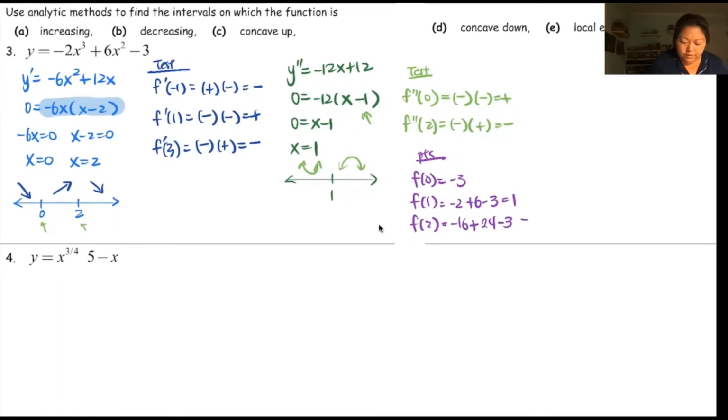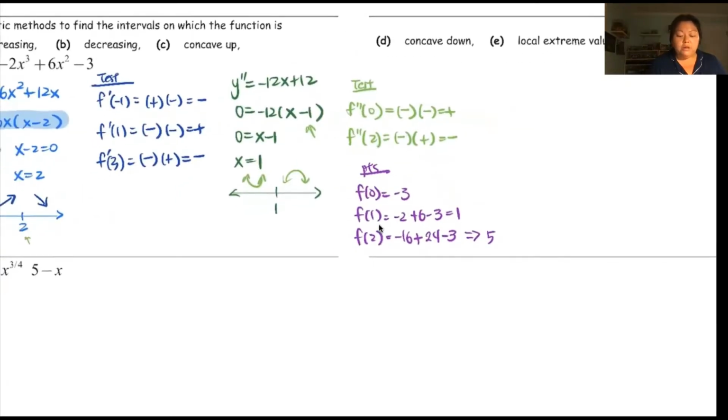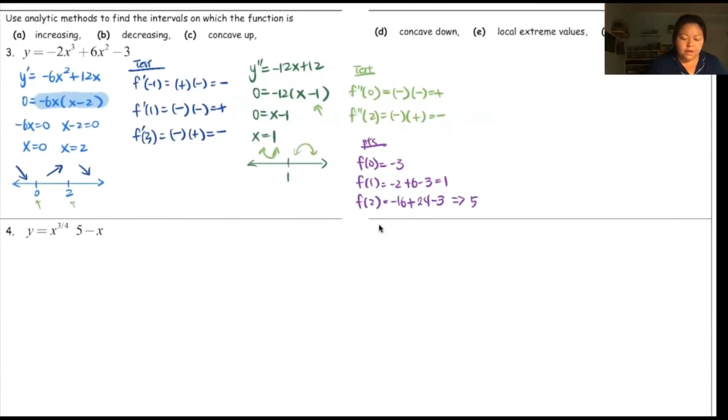So that would give me 24 minus 19, that gives me 5. Okay, so I have some exact points here that are very, very good. And we do want exact values. We do want these y values because we want them in my answer for the extreme values, right? Local extreme values.